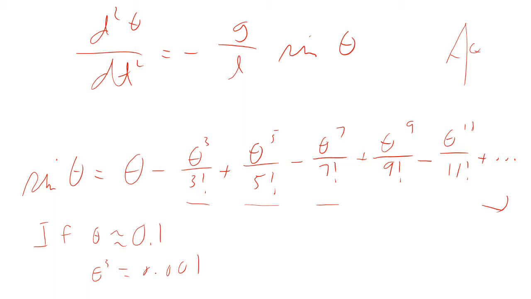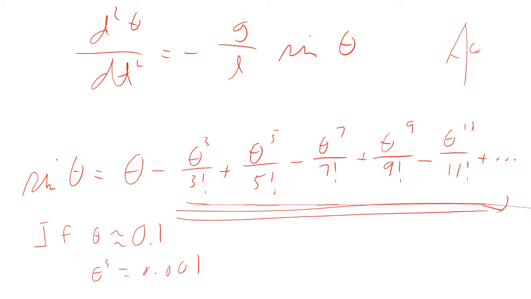So if we only keep to 3 decimals, then all these terms are changing way out there. So we can make an approximation that sine theta is approximately theta if theta is small. So we call this the small angle approximation.